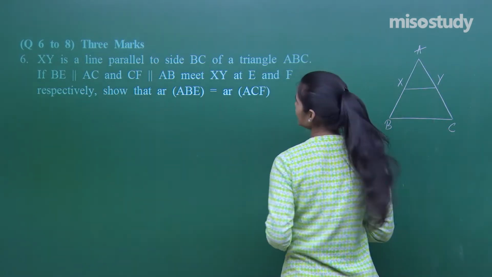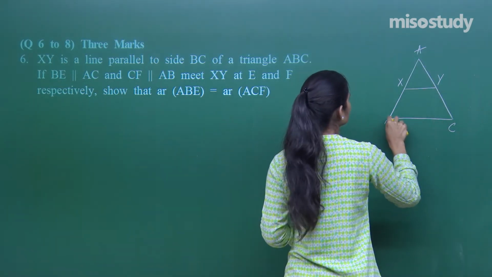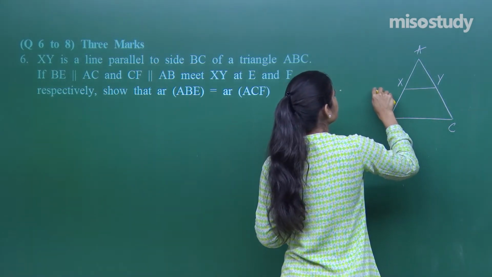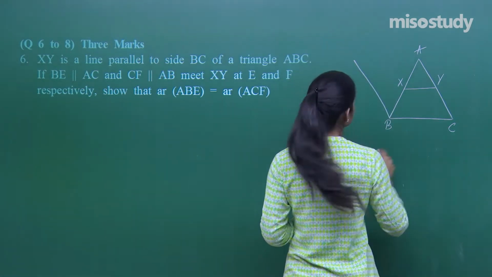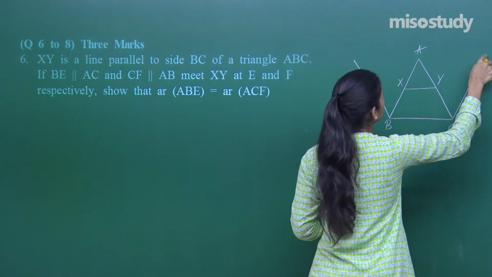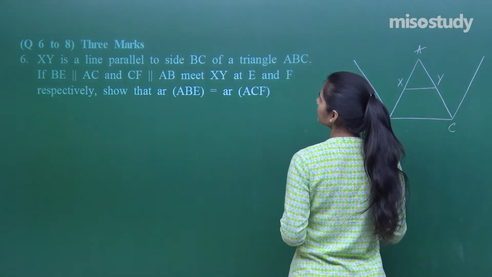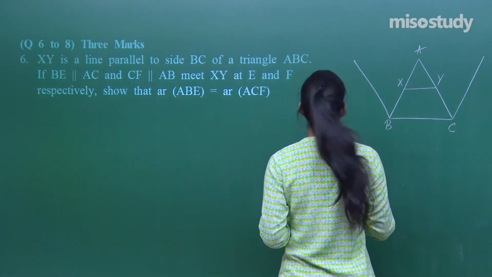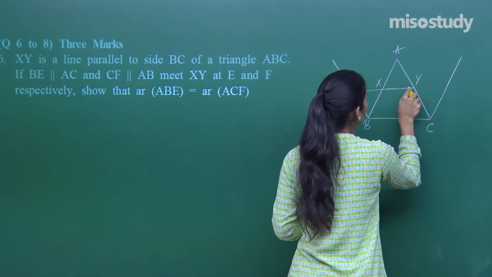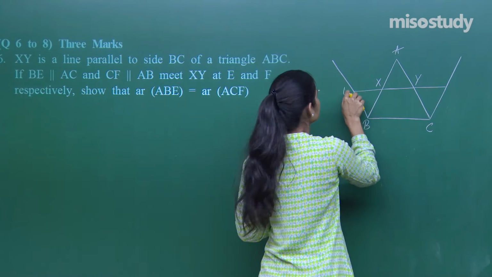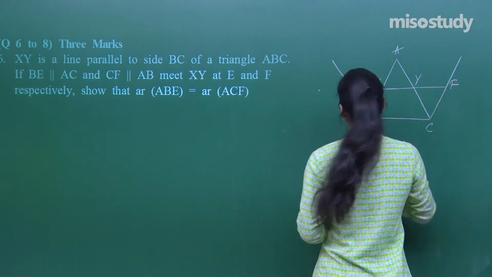This is AC. BE is parallel to AC, so this is BE. BE is parallel to AC and CF is parallel to AB. They meet XY at E and F respectively. Okay. So I will have to produce XY. This is E, this is F.